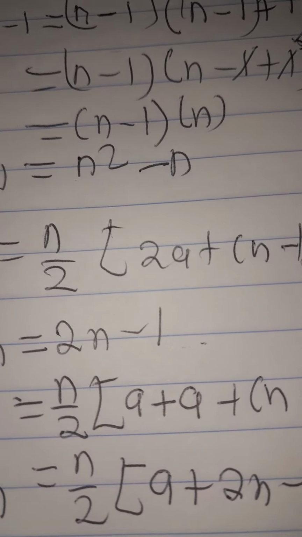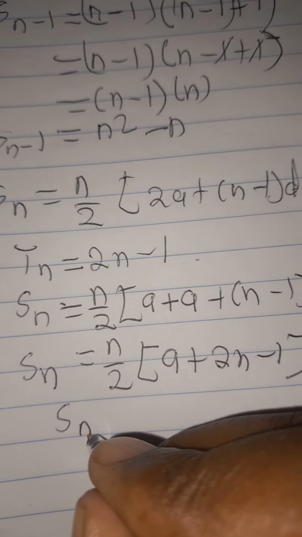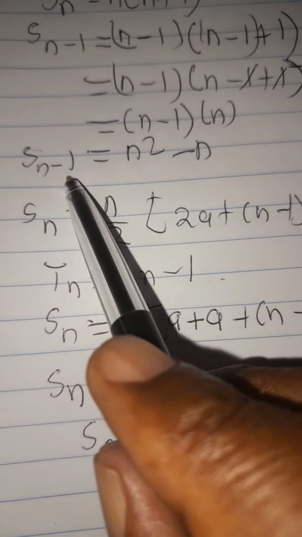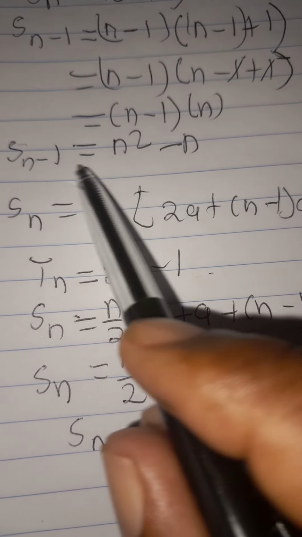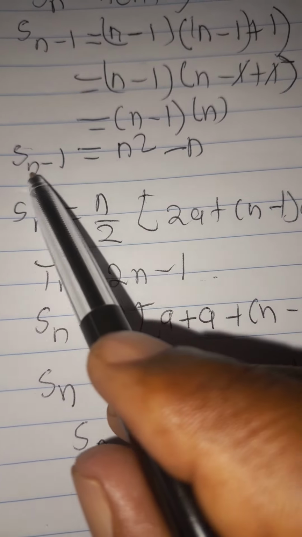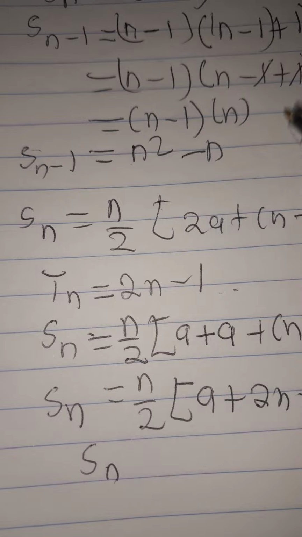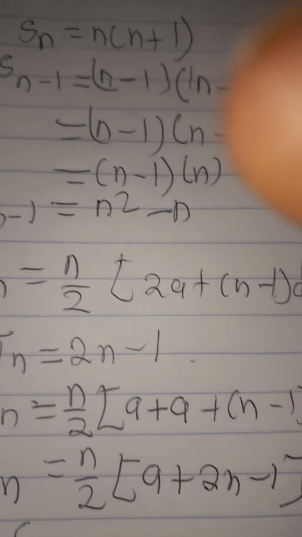So we also need to use the results of 1.3.8. If we use the result of 1.3.8, we're given the sum S(n minus 1). So the sum was this. Because both of them are the sum, I think we should equate them. Yes, the easiest way will be equating them.